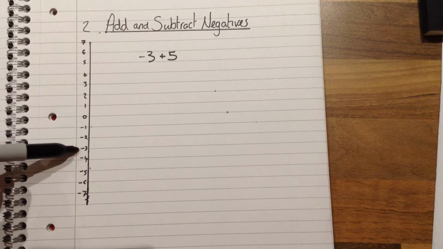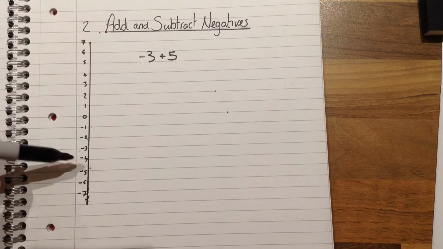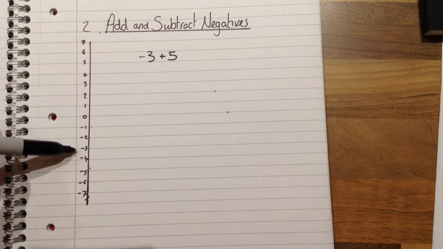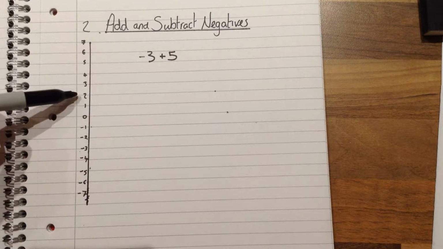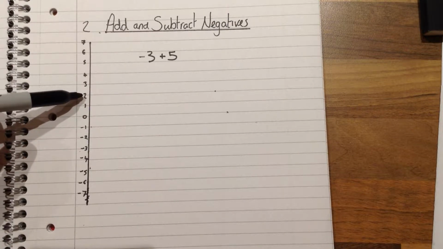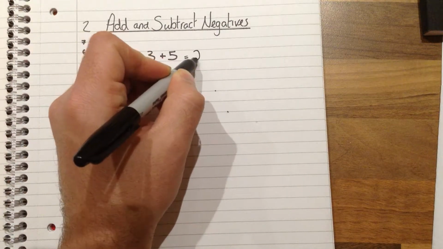So here I start on -3. It says add 5. So because I'm adding something on, that means I go up my number line. I go up 1, 2, 3, 4, 5 places to get to the number 2. So the answer to this is simply just 2.